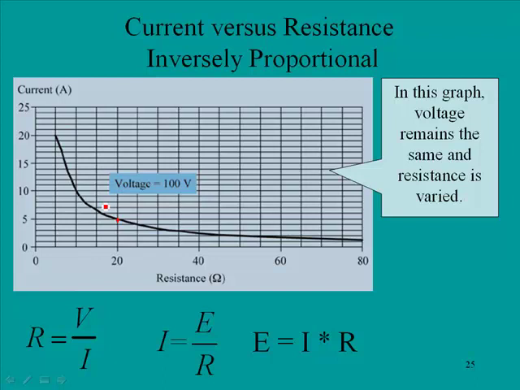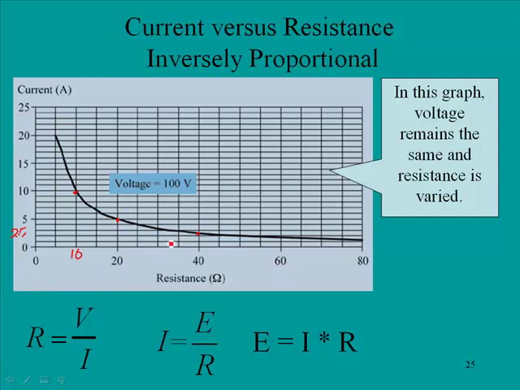Then we increased our resistance to 40 ohms, and that decreased our current to about 2.5. And then we decreased our resistance to 10 ohms. On our scale that would be about right here, and our current was at 10 amps. So you see, here we have an inversely proportional relationship between current and resistance.